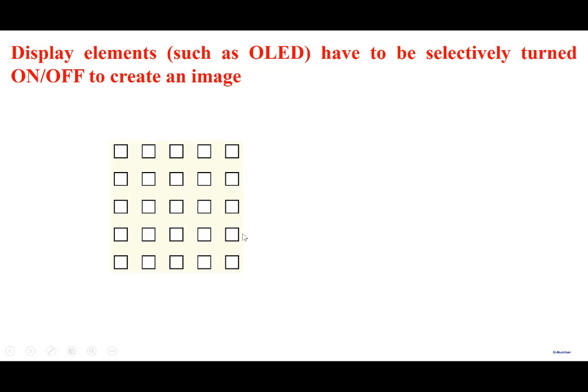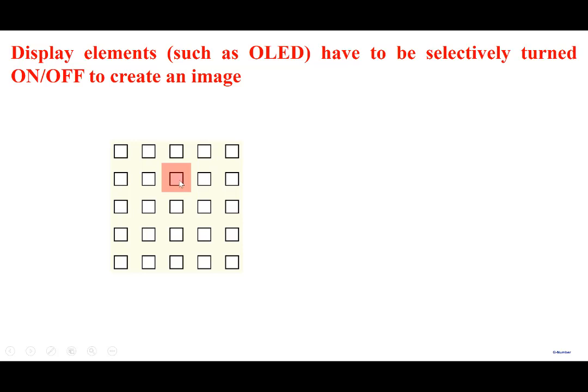So let's say these are all LEDs distributed on the screen. And to create an image, you will have to turn this LED on or this LED off and this LED on, but not fully, maybe half its brightness. And like that, you'll have to sort of program each one of these LEDs, right? To light up to the extent that you want according to the image.